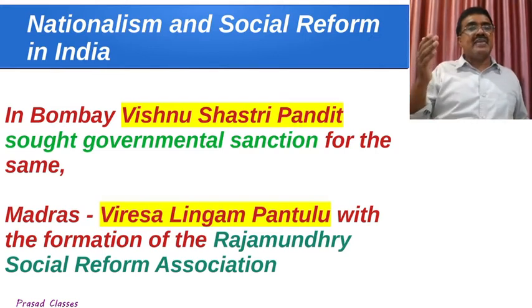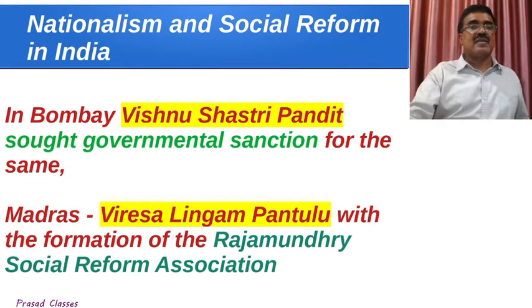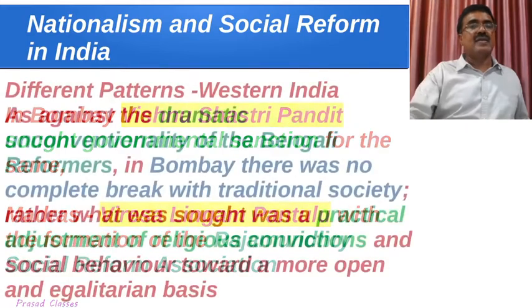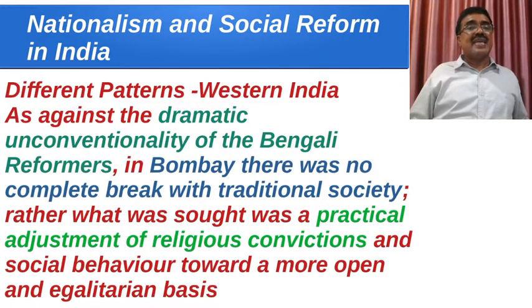In Madras, Veerasalingam Pandulu formed a movement, the Rajamundry Social Reform Association, which campaigned for widow remarriage and other things. You can see the different patterns of this social reform movement. In Western India, as against the dramatic unconventionality of Bengali reformers, in Bombay there was no complete break from traditional society.